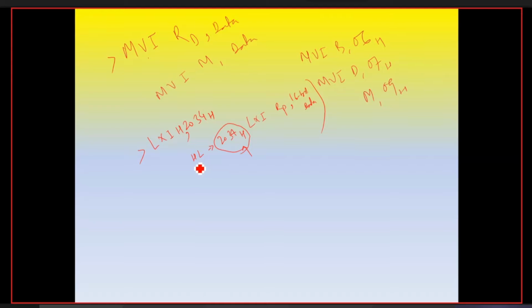In HL, H is the higher order register, L is the lower order register. Similarly in BC, B is higher order, C is lower order. In DE, D is higher order, E is lower order. So the instruction is like LXI H, some 16-bit value, LXI D, 16-bit value, then B, 16-bit value.